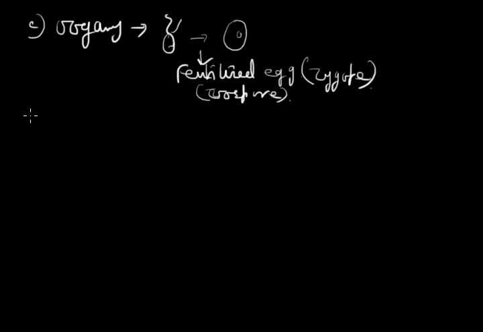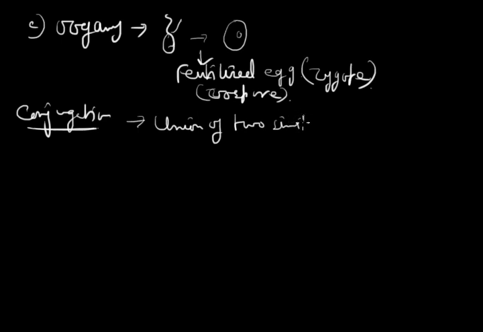Now we come to another type of sexual reproduction, that is conjugation. What is conjugation? Conjugation is the union of 2 similar gametes through conjugating tube, and the participating organisms are known as conjugants. Through the conjugating tube, an exchange of genetic material or nuclear material takes place.